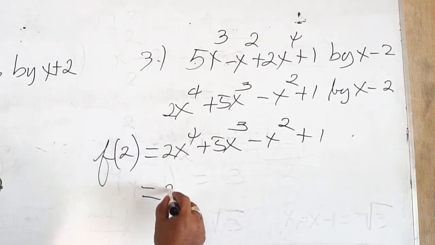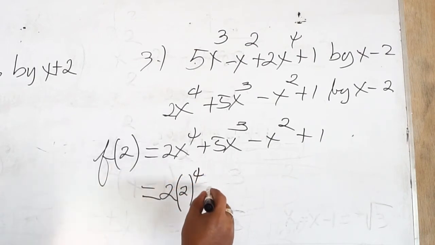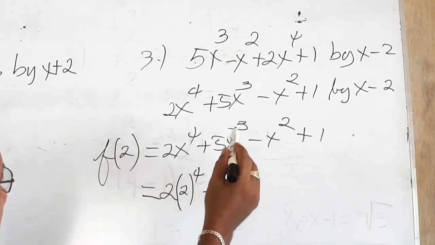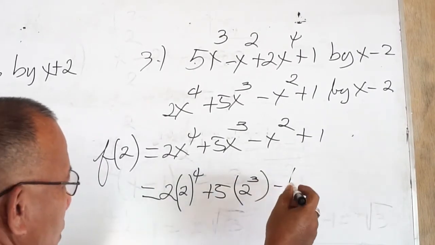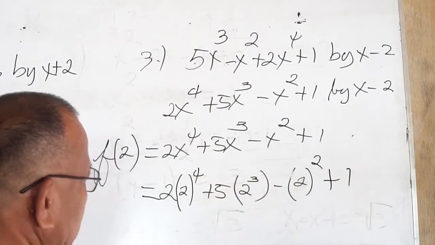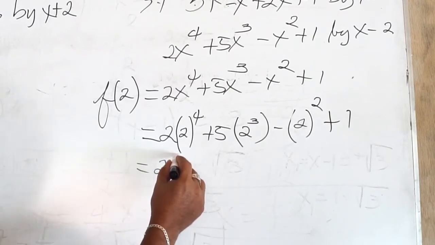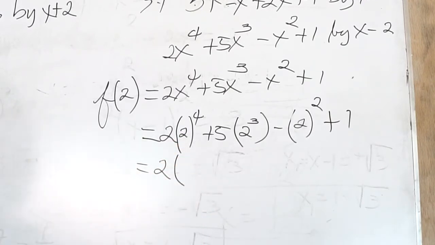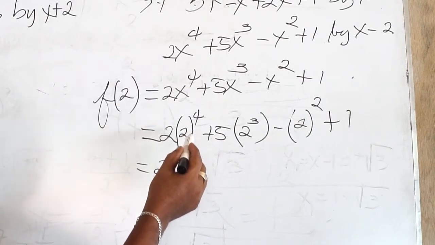So we have 2 multiplied by 2 to the 4th power, plus 5 times 2 to the 3rd power, minus the quantity 2 squared, plus 1. Now simplify. We multiply 2 by itself 4 times: 2 times 2 is 4, 4 times 2 is 8, 8 times 2 is 16.